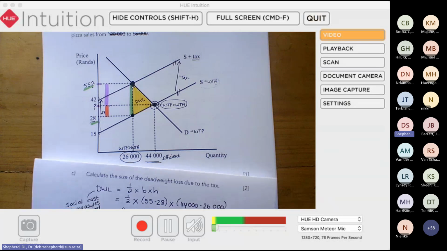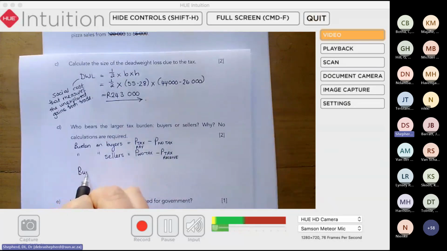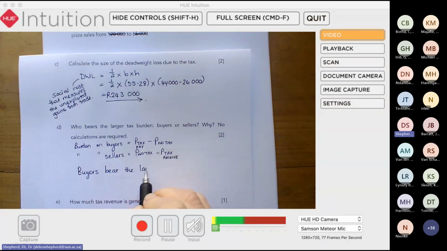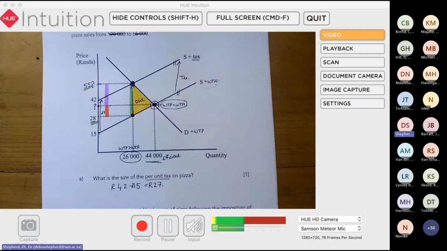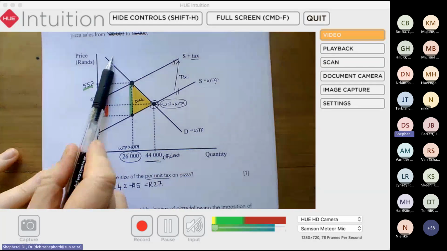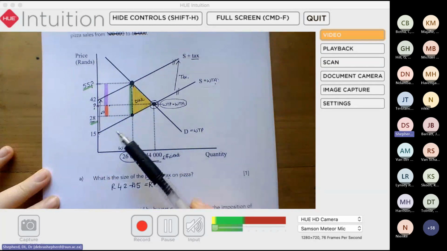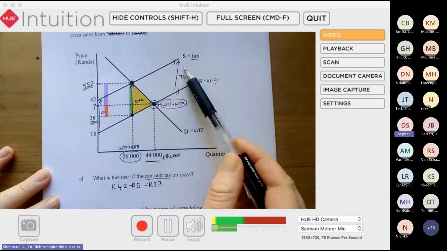The buyers. Okay, so buyers bear the larger tax burden. So that's the first part of the question, 1 mark. The second mark comes from arguing why. So looking at this picture, why do buyers pay a larger portion of the per unit tax? The demand curve is steeper than the supply curve.